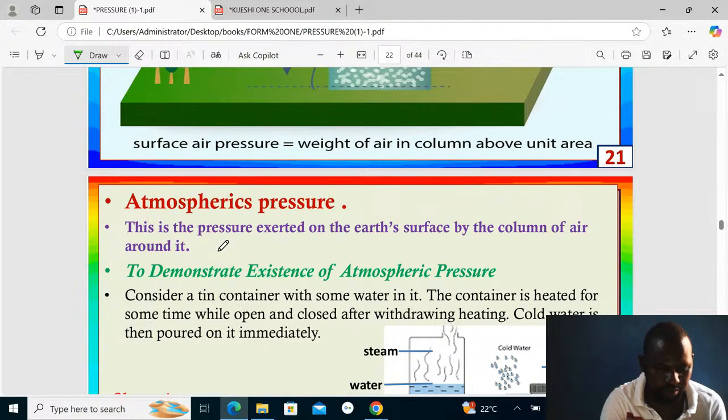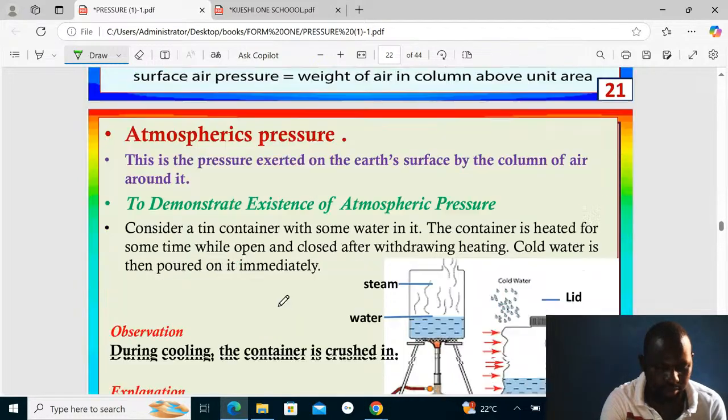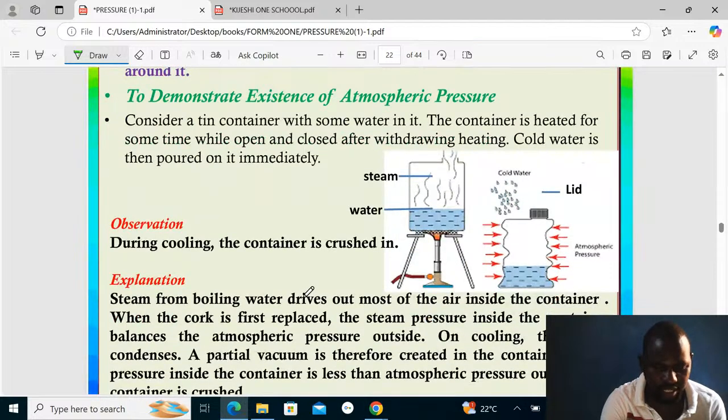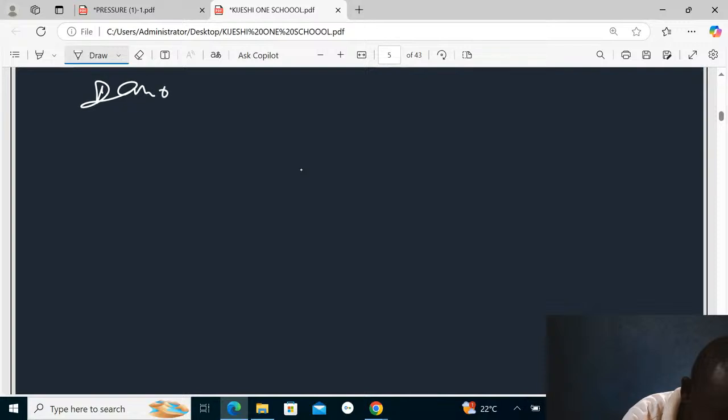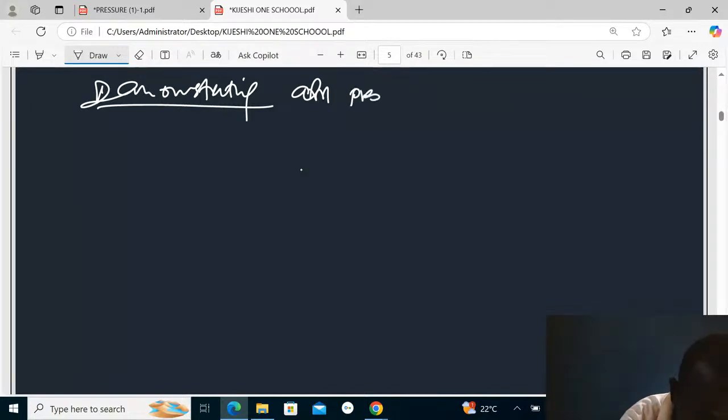Then demonstrating this one using the crushed can experiment. Demonstrating atmospheric pressure using the can experiment.